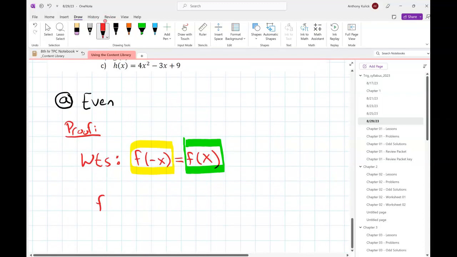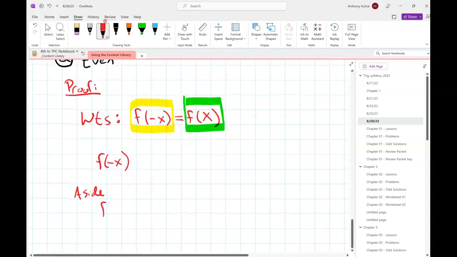So we'll start with f of negative x. What should I do if I write down f of negative x? What is that telling us to do? It doesn't mean the inverse. Let's do this as an aside. Let me ask you a different question that'll get us moving in the right direction.